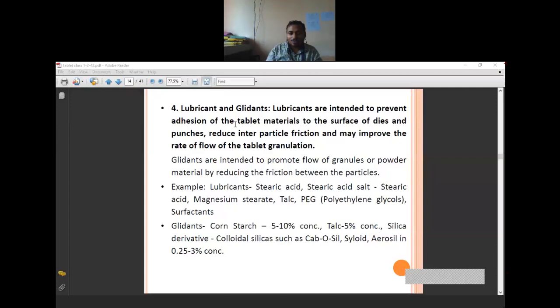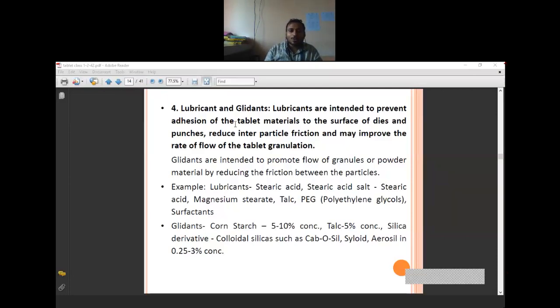Understood my point? You cannot form a proper tablet when granules adhere to any parts of the compression machine, like the hopper, die, upper punch, lower punch, etc. So to increase the flow properties, we are using lubricants or glidants.